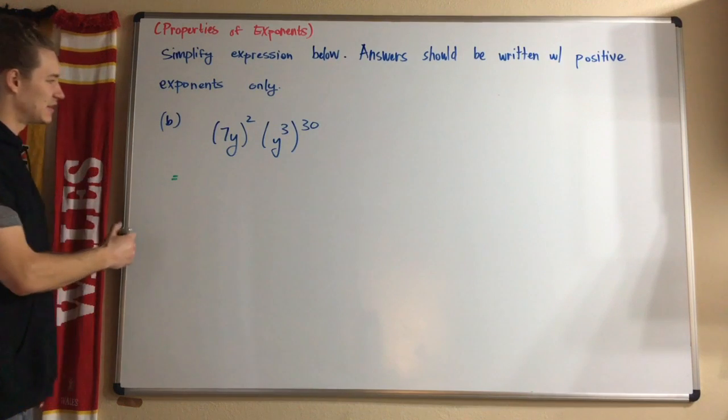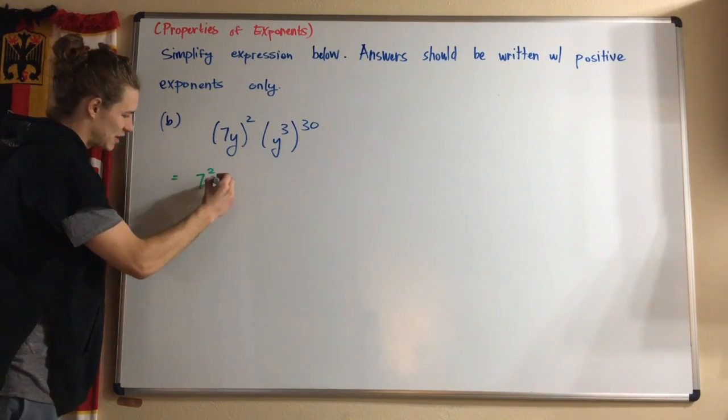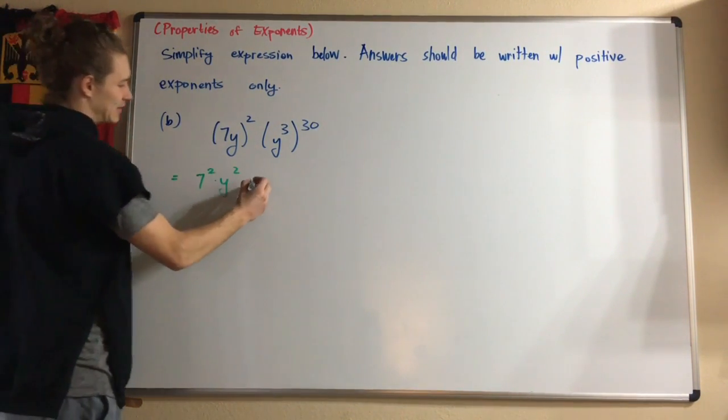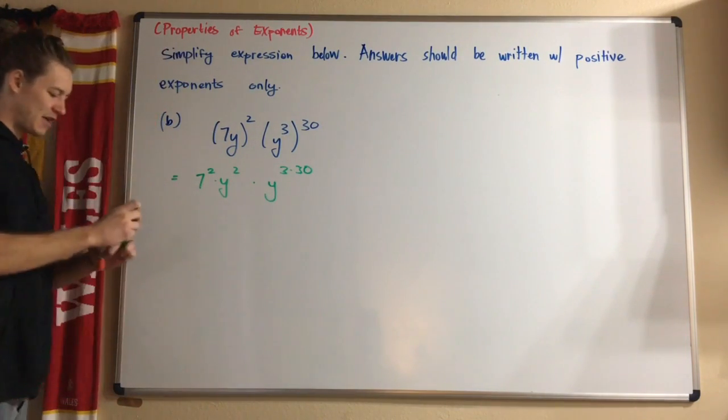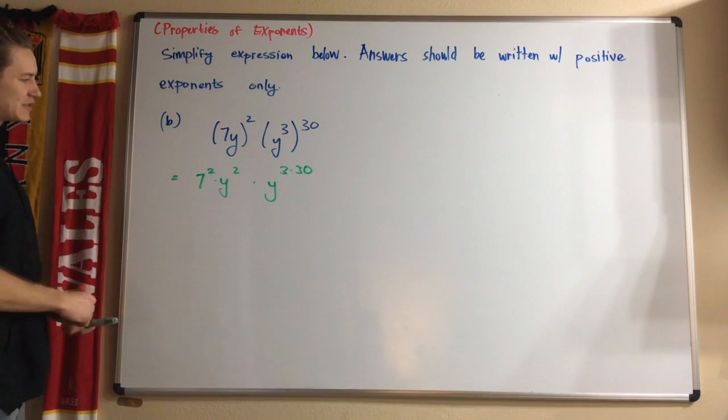So notice that I could rewrite this as 7 squared times y squared times y raised to the 3 times 30 power. Now I did 2 things there.